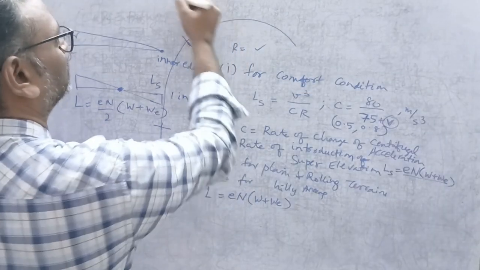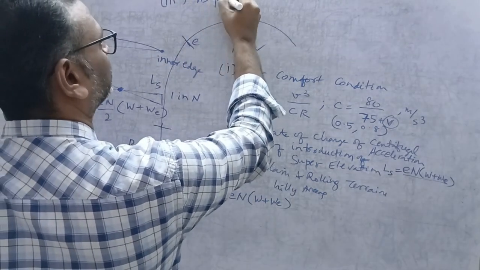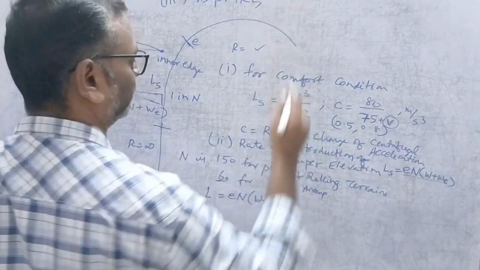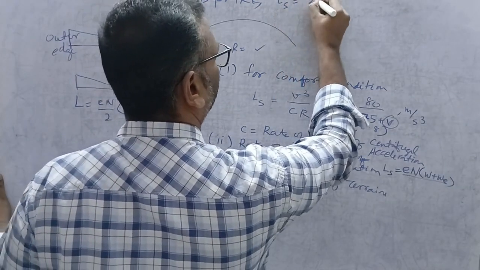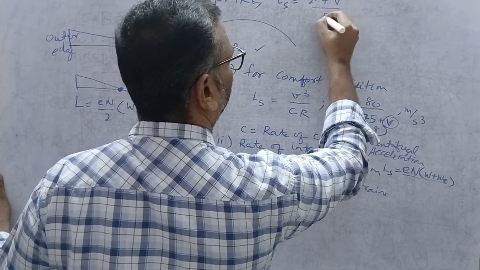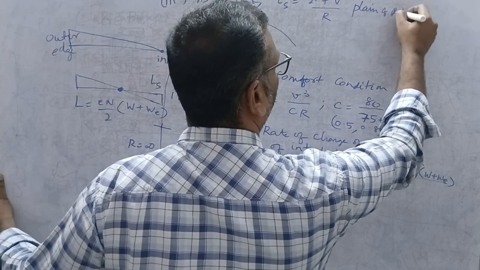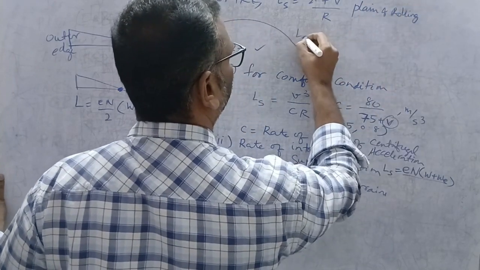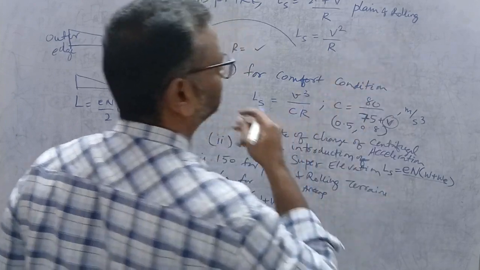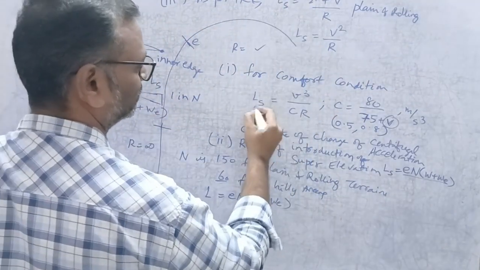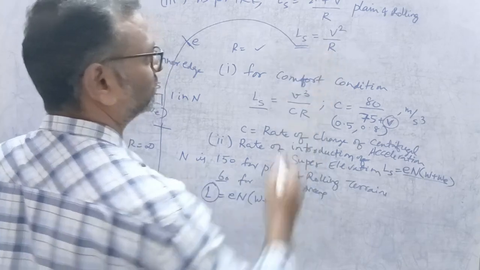Now the third condition, as per IRC: for plain and rolling terrains, it is 2.7 V square by R. This is for plain and rolling terrains. For the remaining roads it is V square by R. So we have calculated 1, 2 and 3.